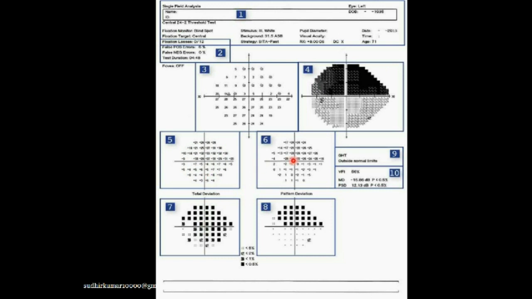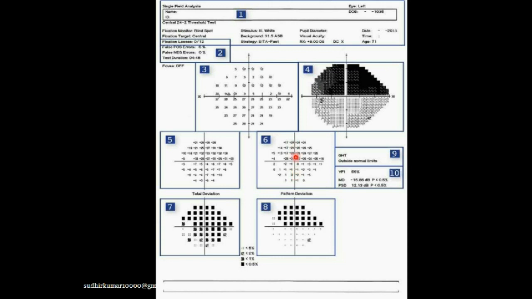At the same time, within the hill of vision, when relatively equidistant points are compared, as we know that the center is the most sensitive part and the periphery is the less sensitive part, the points at the same distance from the center should be the same.